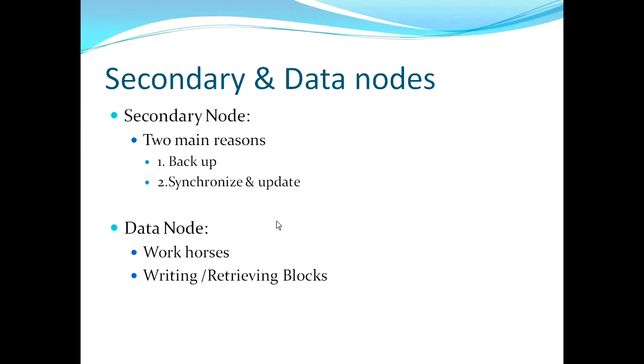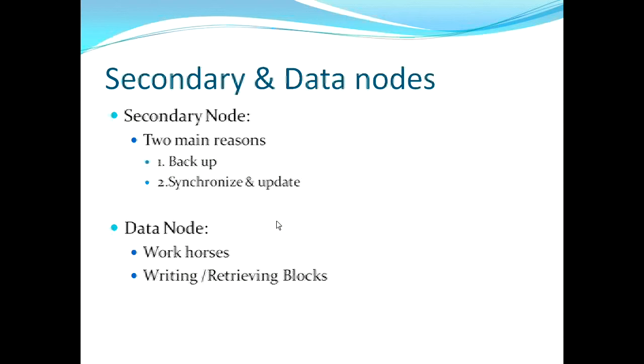Now, we have a secondary node. It is for two main reasons. One is as a backup of the name node. Suppose the name node fails, there is always a secondary node. And one more thing: while the name node is functioning, the secondary node keeps an image of the name node metadata.